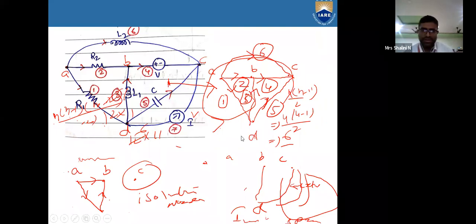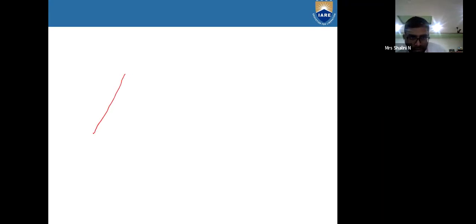Let me give one more example. Tell me how many nodes will be there, how many branches will be there.